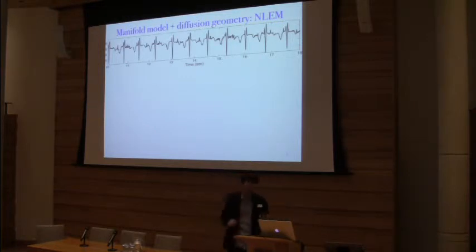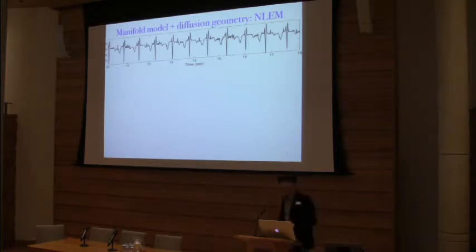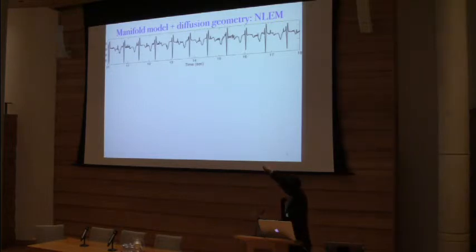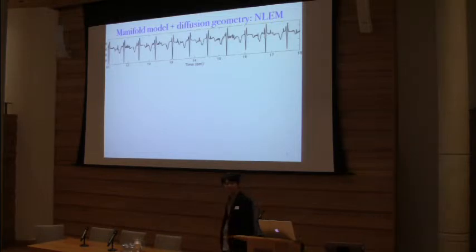I mean, don't be intimidated, that's really nothing but a kind of nonlinear object, model, and some diffusion geometry, to describe an algorithm called non-local Euclidean median. Okay, so this is a maternal abdominal fetal ECG signal. You see there are maternal peaks, and there are some small spikes. Those are fetal ECGs. Okay, so let's assume that we have the ability to remove it.